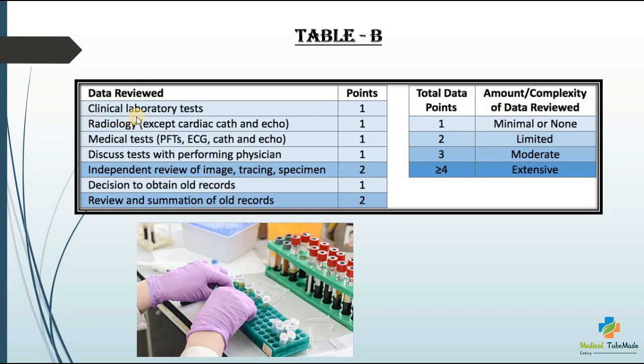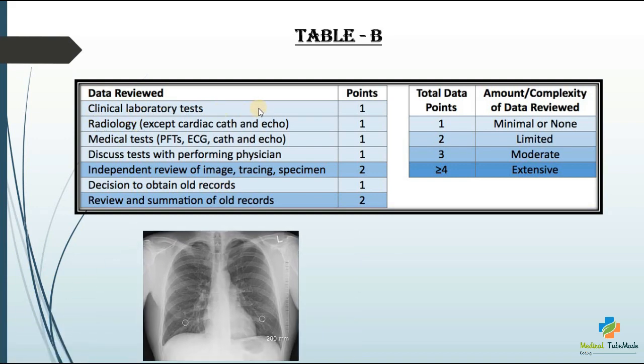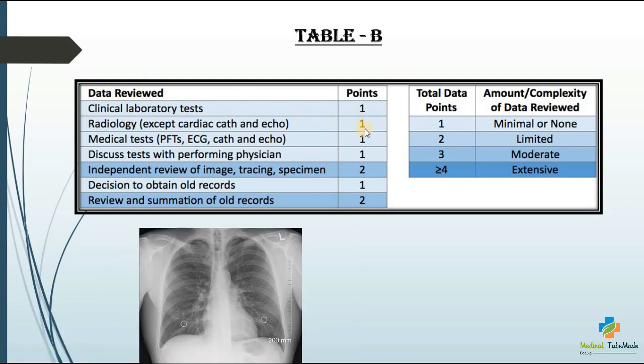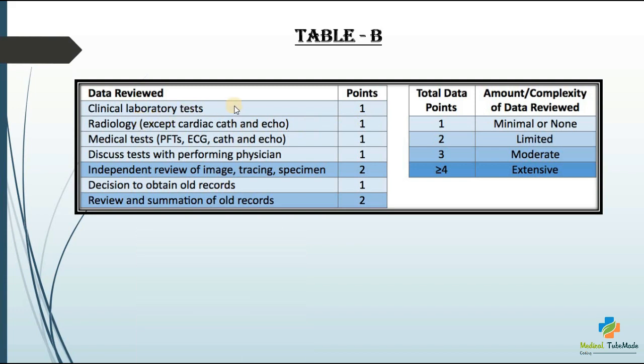Then radiology: any radiology order or review, we can take 1 point. In bracket it is given, except cardiac cath or echo. So this is the exception of cardiac cath or echo. Why? Because these two conditions count in medicine test. Okay, so radiology order or review is 1 point.